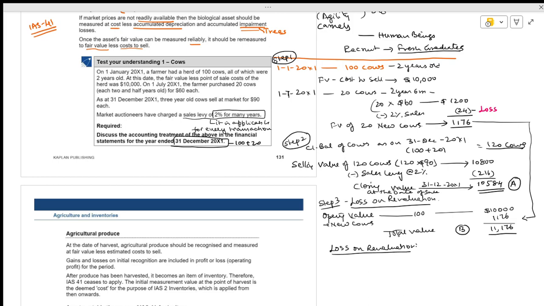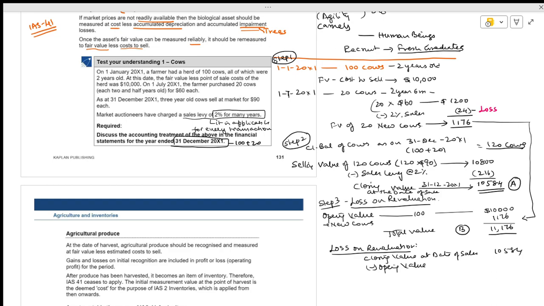Loss on revaluation is equal to what? What is the closing value? Closing value is at the date of sale. How much is the date of sale? 10,584 minus the opening value.